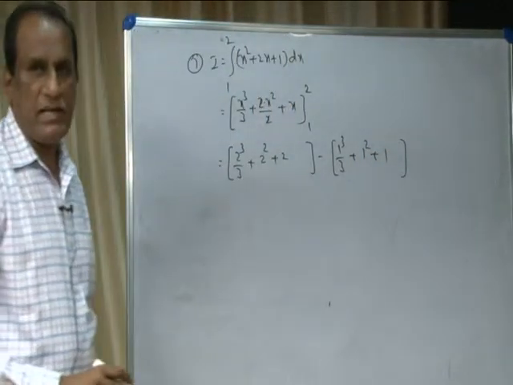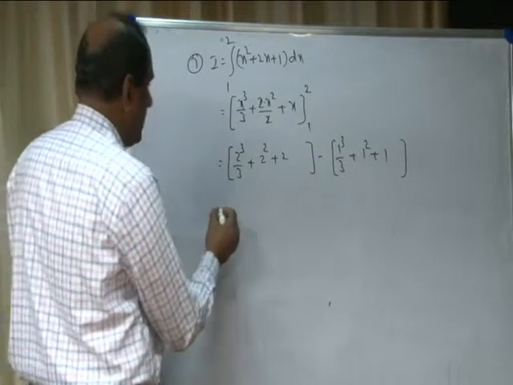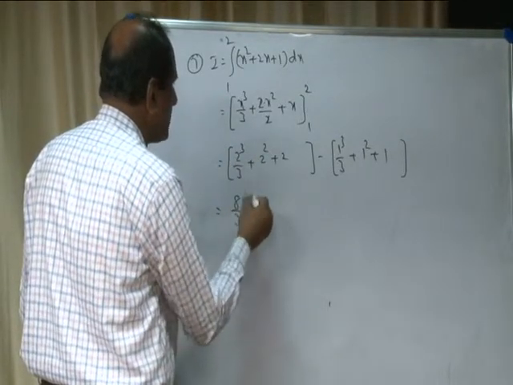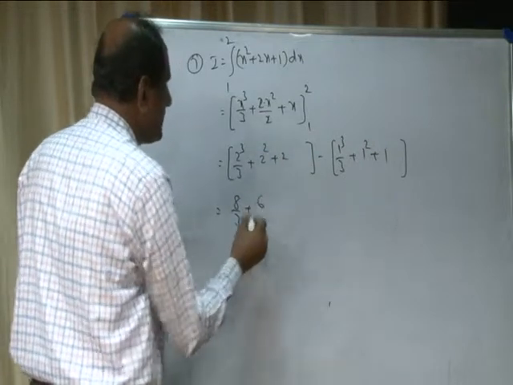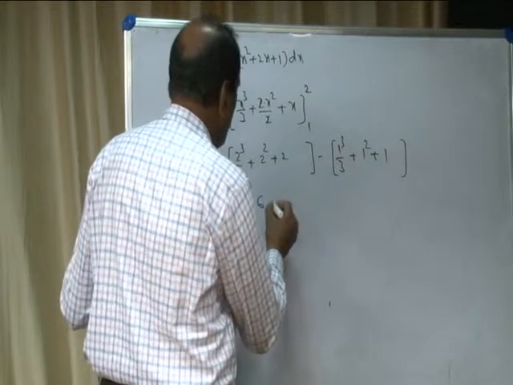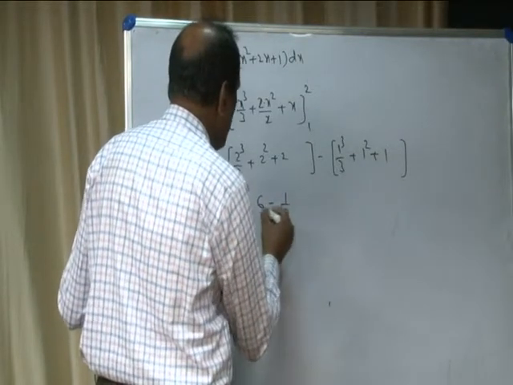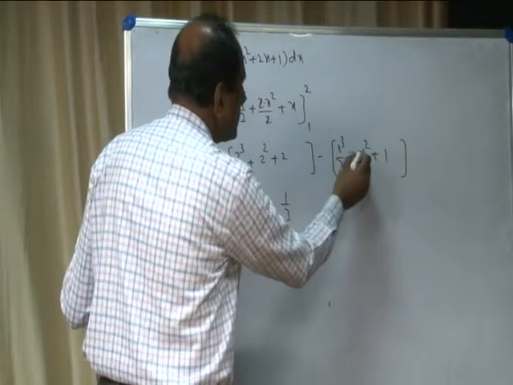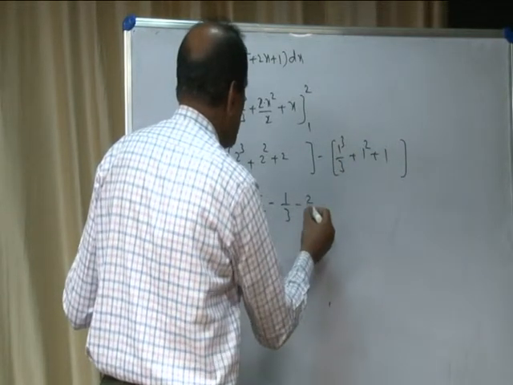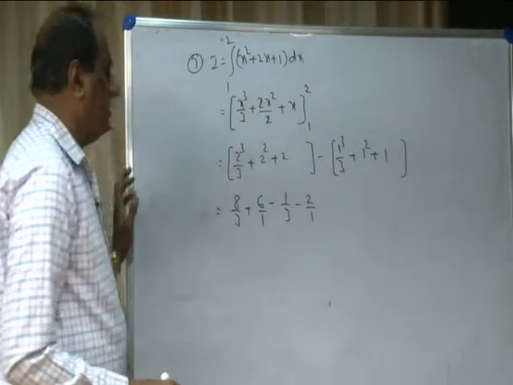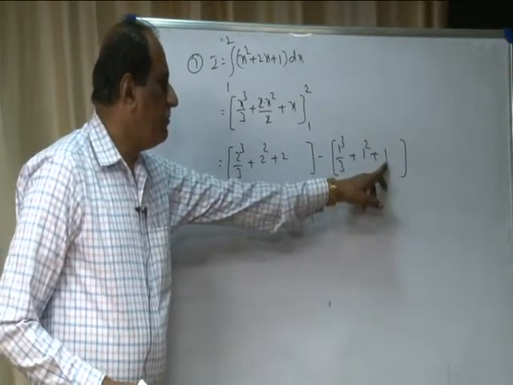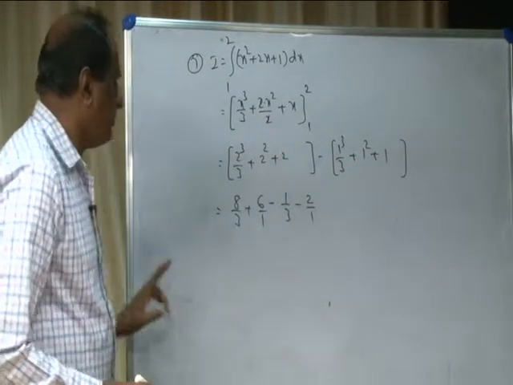Remove the brackets: 2 cube is 8 by 3, plus 2 square is 4, plus 2, 6. This is the upper limit, minus the lower limit: minus 1 by 3, 1 square is 1 plus 1, 2, with minus sign minus 2, minus 1 by 3, 1 plus 1 is 2, plus 2 into minus 1 is minus 2.